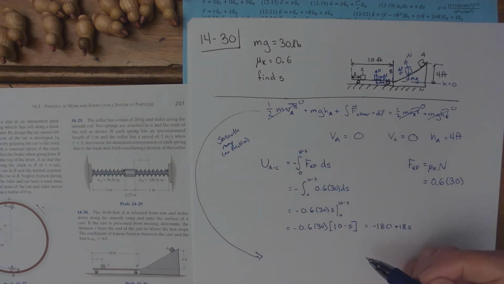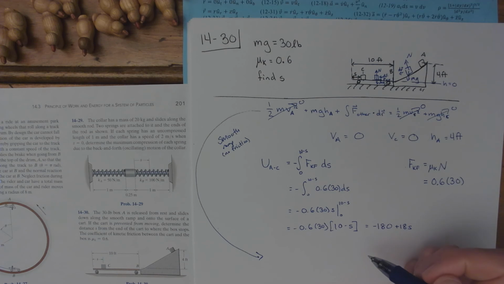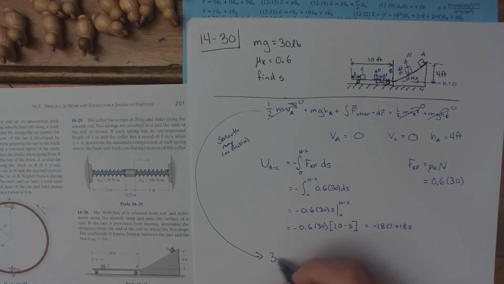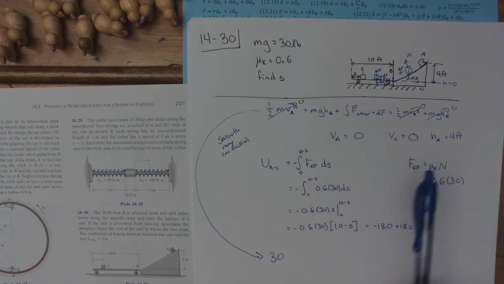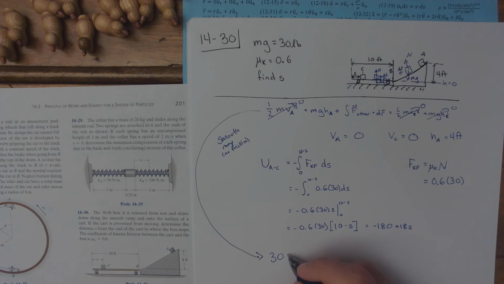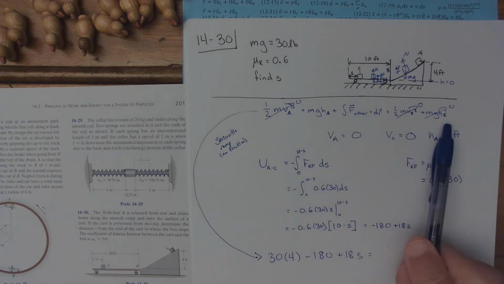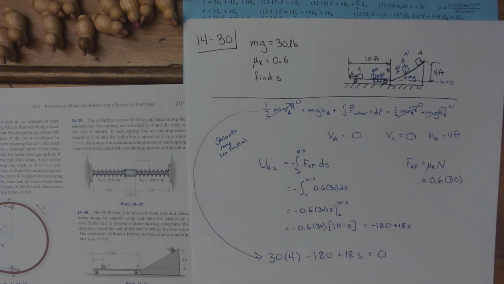I still need to calculate the initial gravitational potential energy. M times G is 30 pounds. The initial height is 4, so that's 30 times 4 minus 180 plus 18s is equal to the other side of the equation, which is just 0.